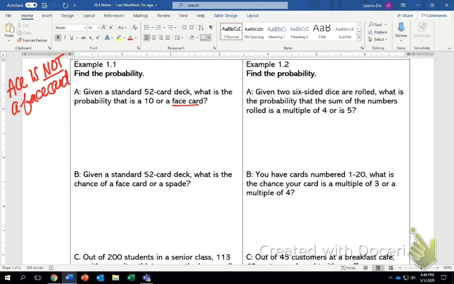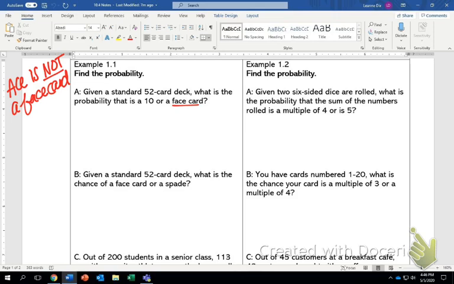Please make sure that when you are doing this, you are not considering ace a face card. That means instead of there being 4 face cards in each suit, there's actually 3. So there's only 12 total face cards, according to this textbook. It really depends on the book, so just make sure you figure out what that is.